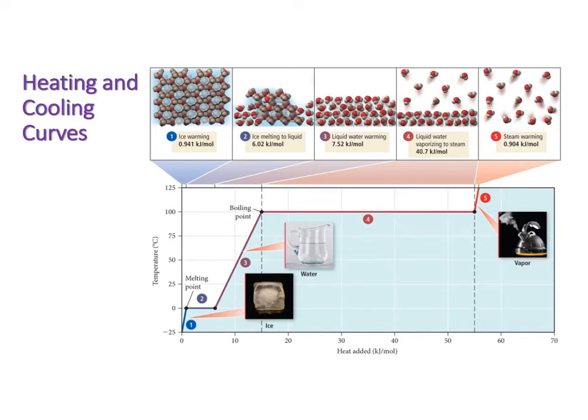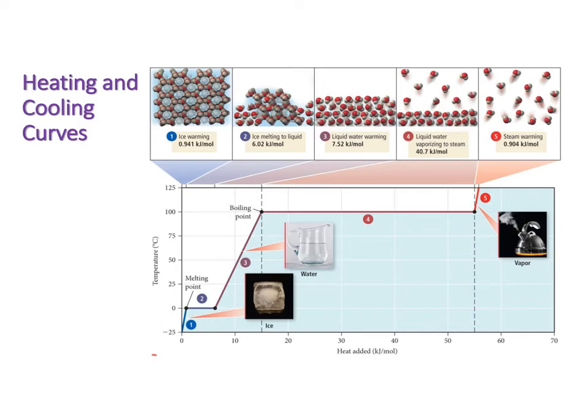So we actually have heating and cooling curves. So for example, with water, let's say we wanted to go on the journey with it from starting off as ice, as a solid, all the way to vapor. So we could actually look at and measure all of the heat necessary for all of this to happen.